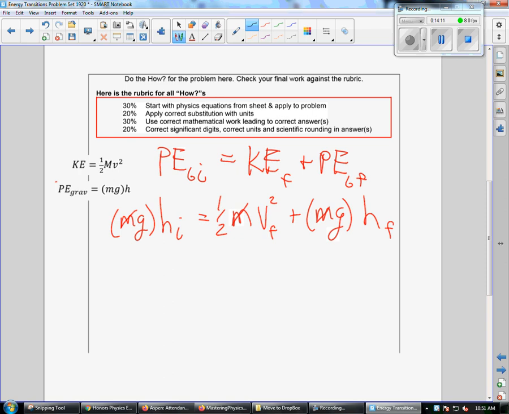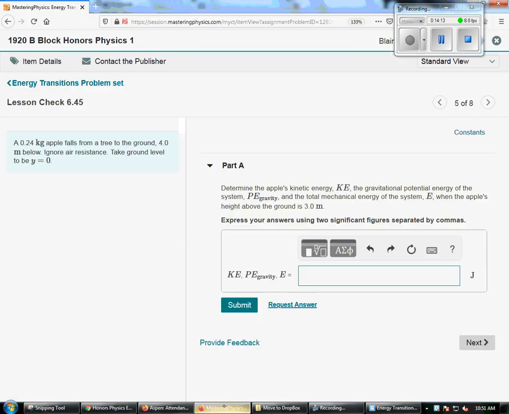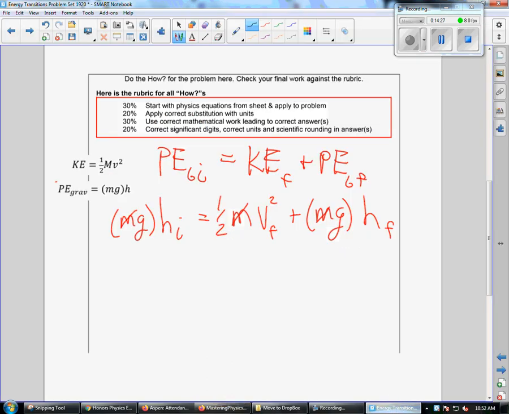So, now they want me to find out the kinetic energy, the gravitational potential energy of the system, and the total. So I need to kind of break up what I have here a little bit. Because I know this is true. Actually, I think I'm going to not cancel those out. There we go.